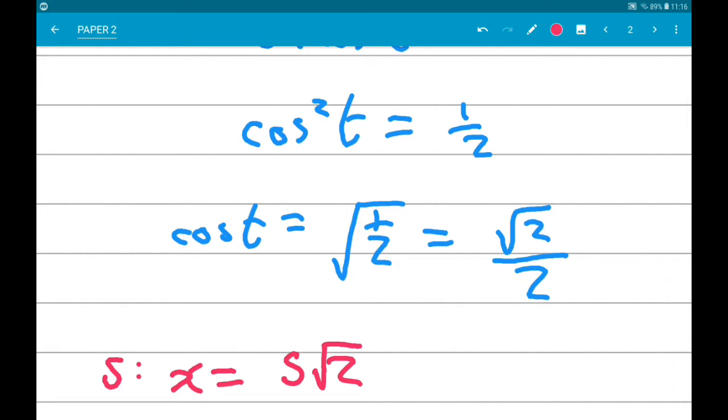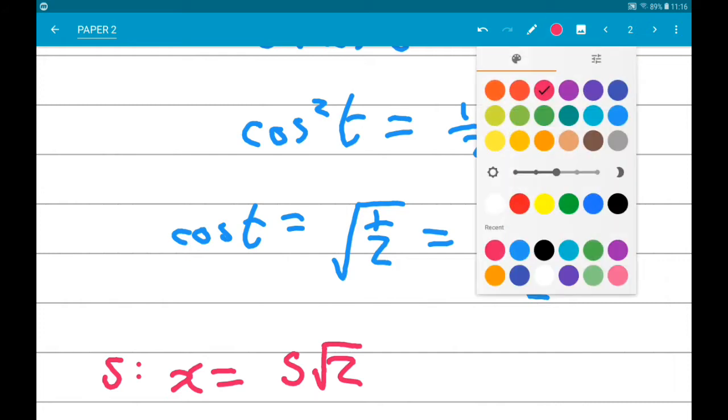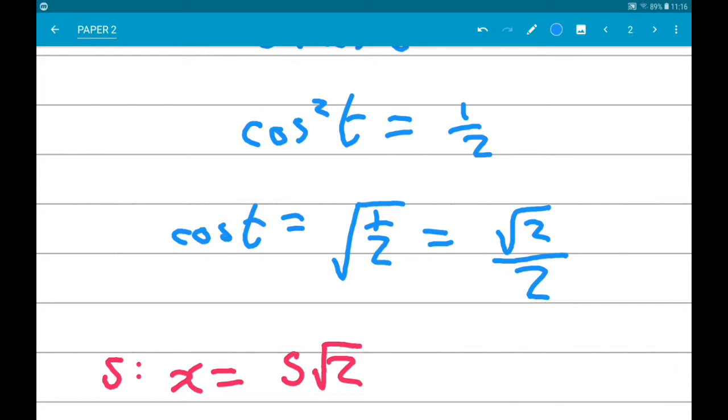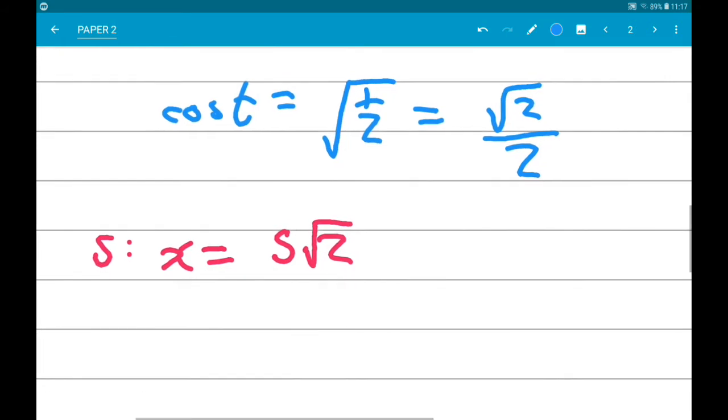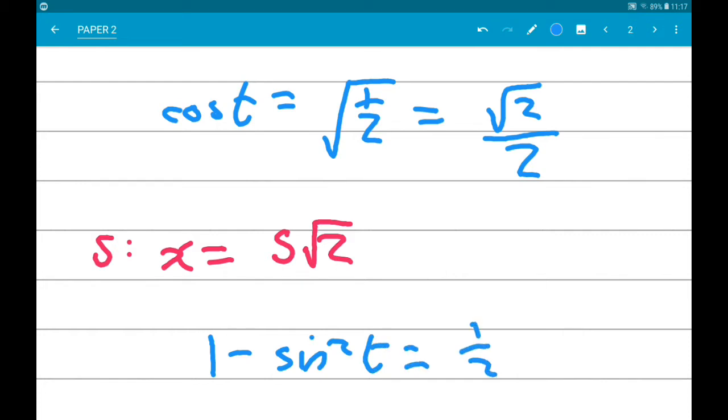Alright, now we need to find out what sine of t is. We know that cos squared of t was 1/2. Cos squared is 1 minus sine squared. So, from that, we also get sine squared is 1/2.